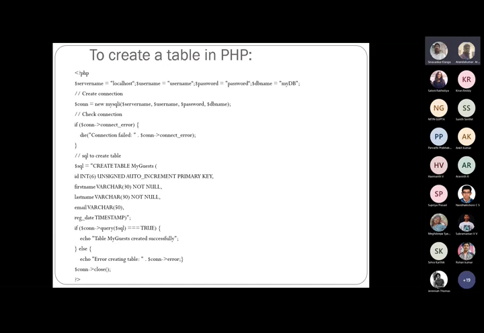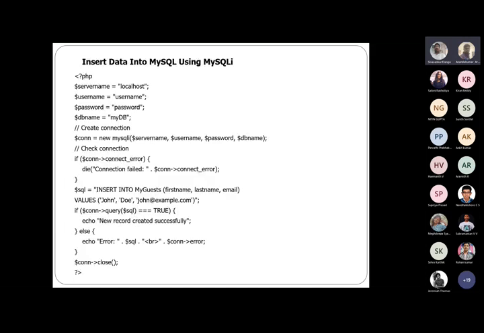This is how you create a table in PHP. Now we are interested in inserting records into the backend SQL database by means of PHP. Again, it contains the variables to store the server name, username, password, database name, and so on. The first step in any server-side scripting language is to establish a connection and check whether the connection works properly. Then you use $sql as a variable to assign the SQL query.